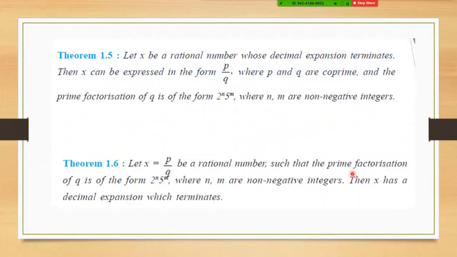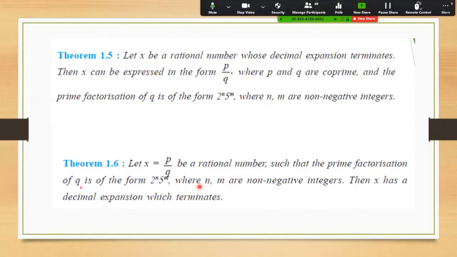Another thing that we always need to keep in mind is, whenever we are talking about rational numbers whose decimal expansion terminates, the denominator should be in the form of 2 to the power of n multiplied by 5 to the power of m, where m and n can be 0 also.